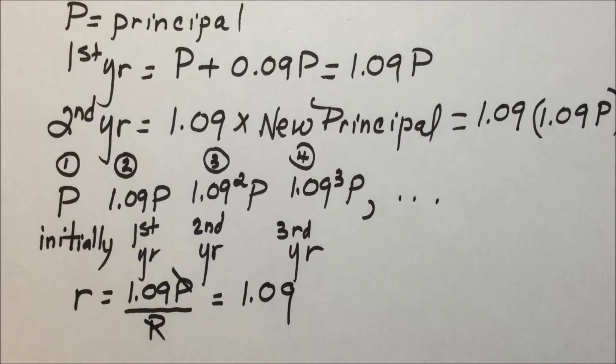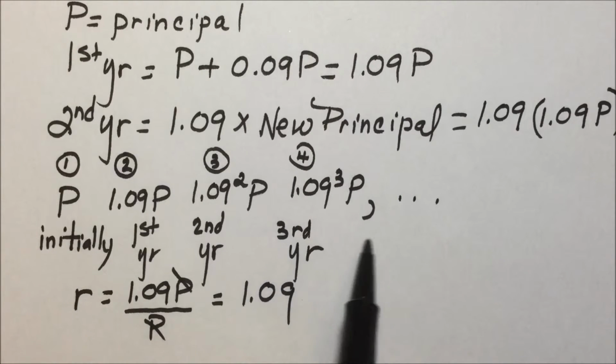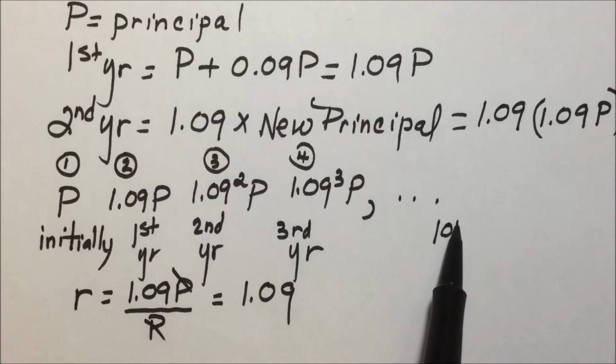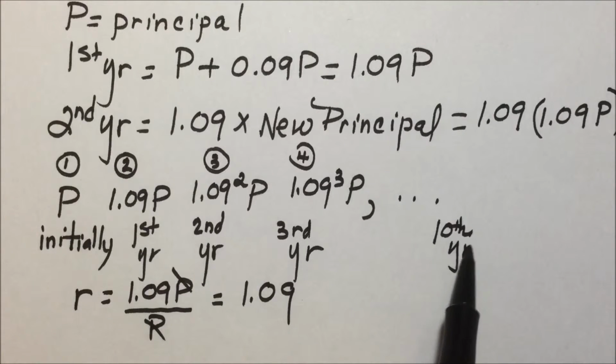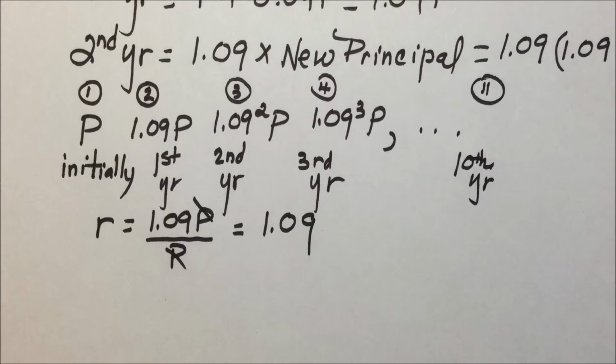Francine pay back after 10 years, which means that the 10th year down the road here will actually be the 11th term. We will use the nth term formula for a geometric sequence to answer that question.